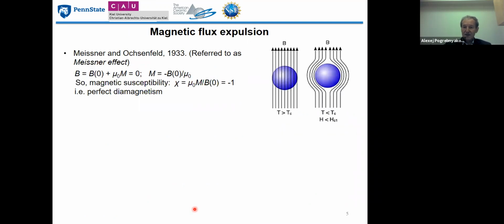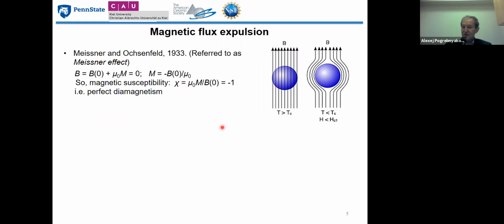The next very important property of superconductors is magnetic flux expulsion. It was discovered by Meissner and Ochsenfeld in 1933, and currently it is referred to as the Meissner effect.